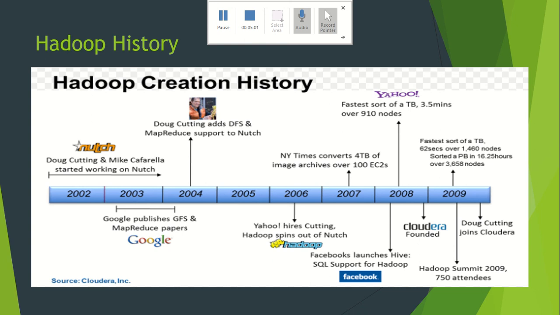Yahoo gave all the infrastructure and all the resources, saying, you can drop the Nutch product and just concentrate on how to solve the big data related issues. That way Yahoo became the primary contributor to solving big data related issues.